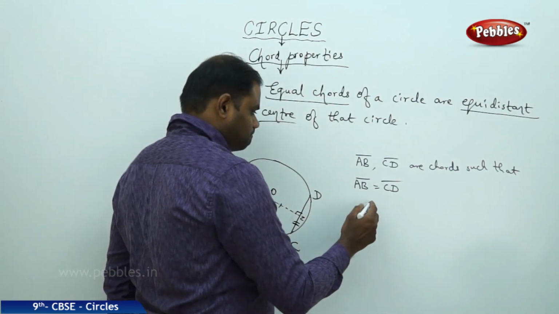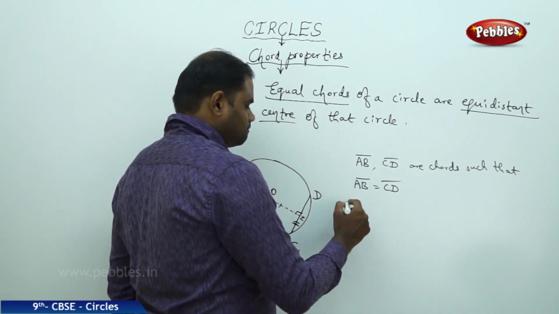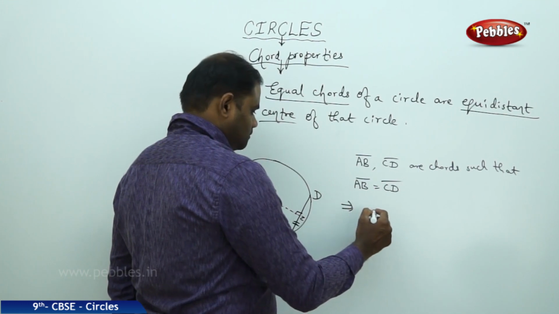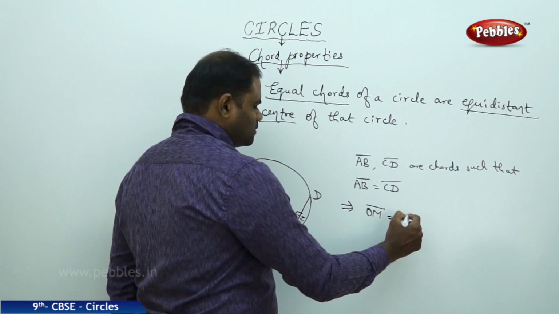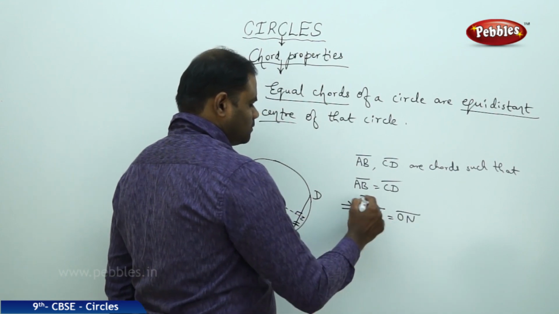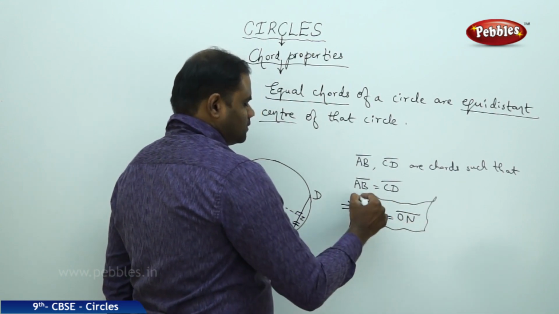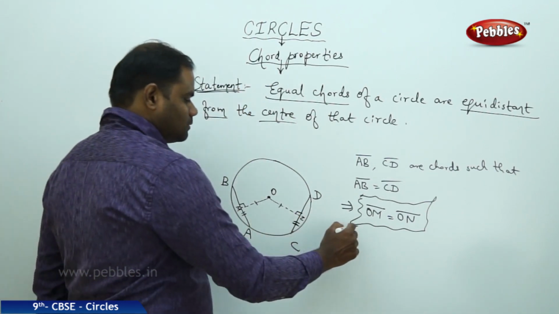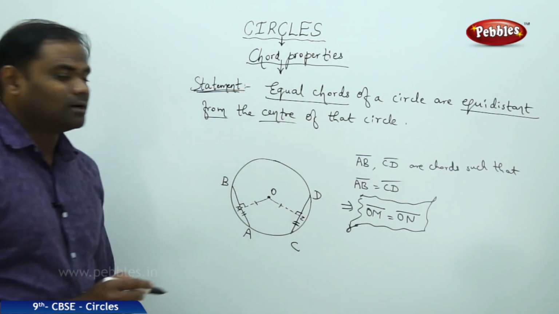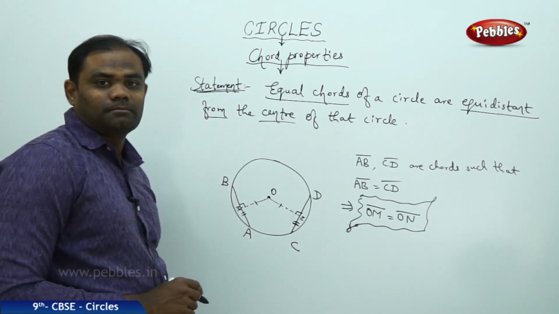So here OM equals ON. That is, they are equidistant from the center. That's how we understand the property.